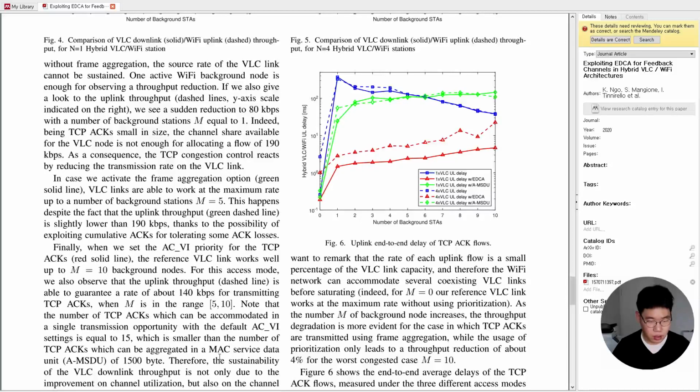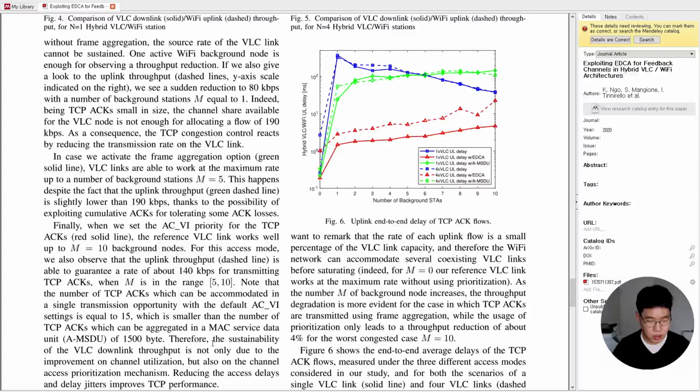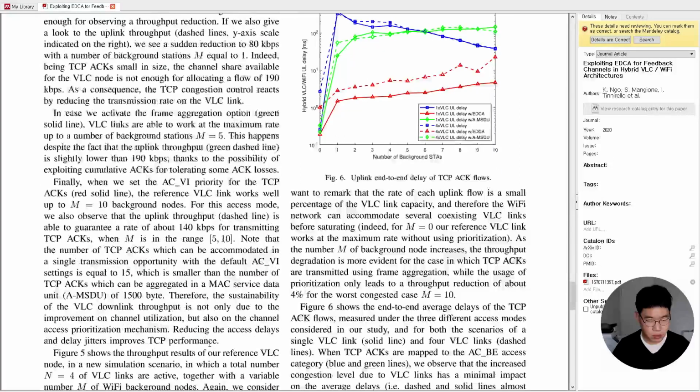Therefore, the sustainability of the VLC downlink throughput is not only due to the improvement in channel utilization, but also to the channel access prioritization mechanism. Reducing the access delays and delay jitter improves TCP performance.